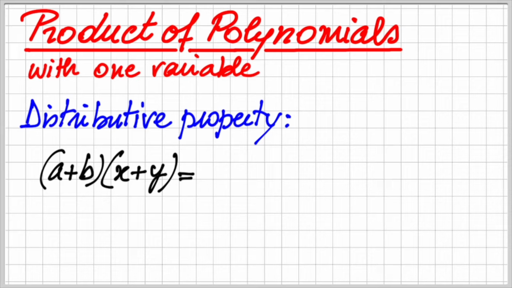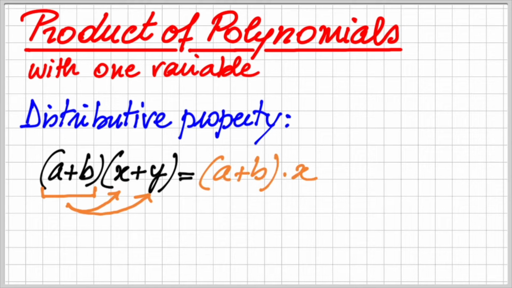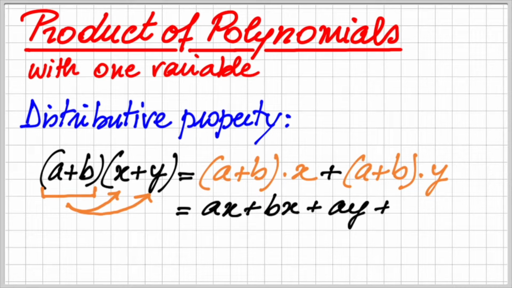We can also look at the distributive property when we have more complex polynomials or expressions. Here I have a plus b multiplied with x plus y, but basically we will be using the same property whatever the size of the polynomial is. So we first multiply a plus b with x and with y. We find a plus b times x plus a plus b times y. And again we apply the distributive property on these multiplications, so we find ax plus bx plus ay plus by.